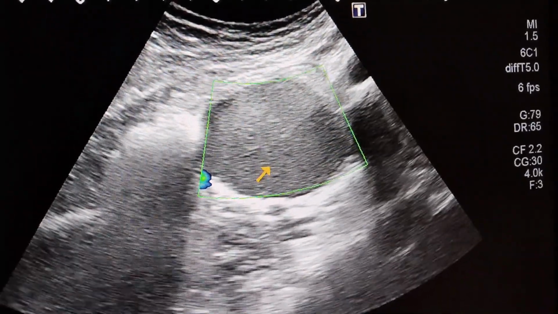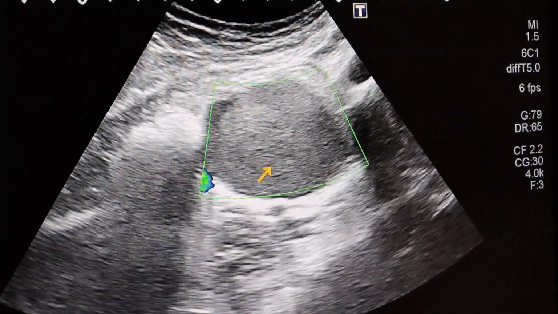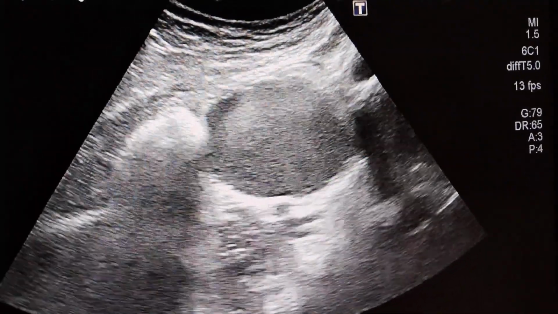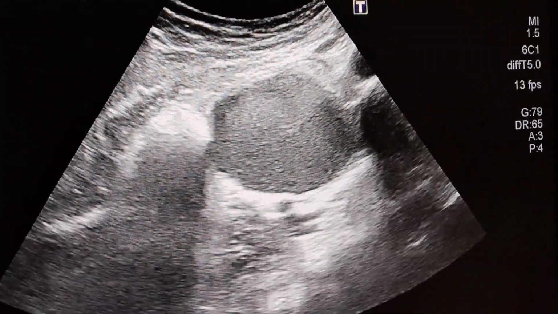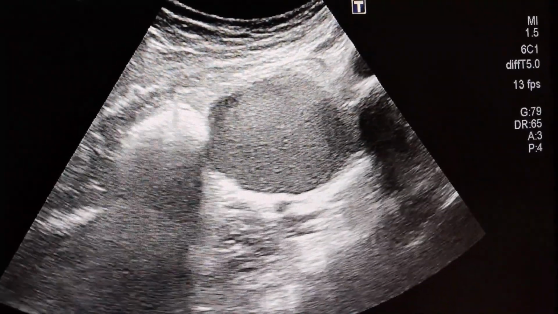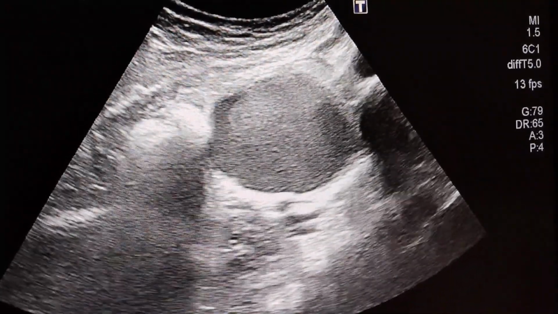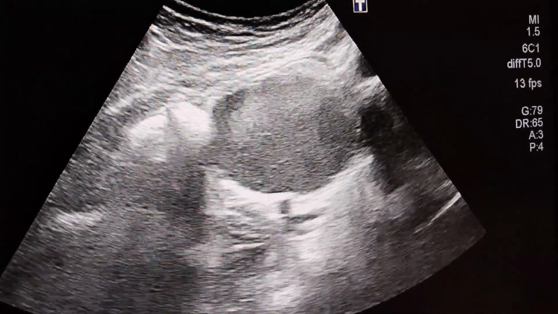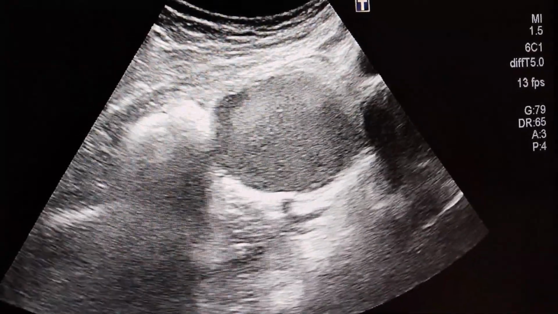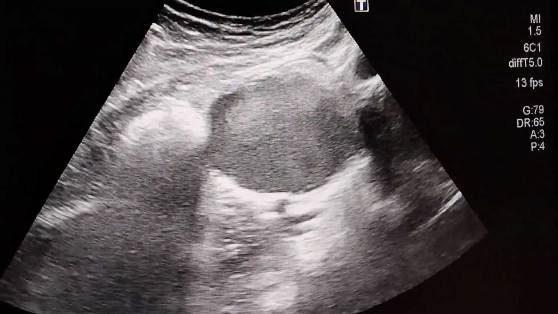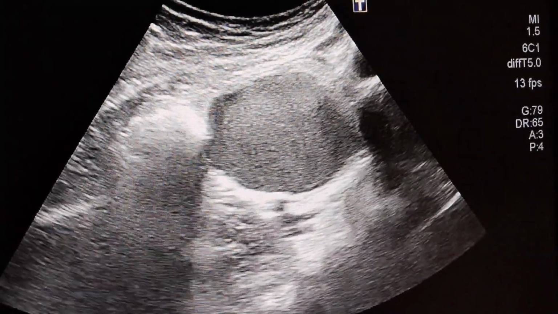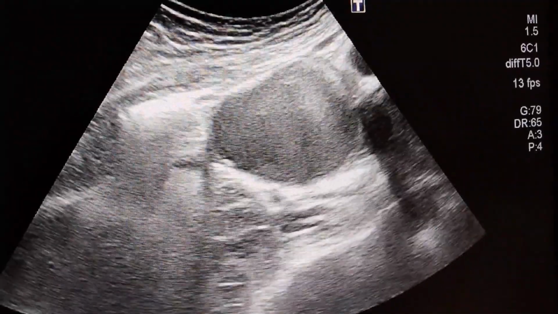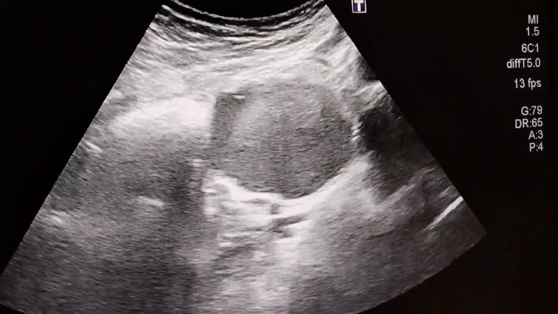It may be low, but it would always have vascularity. So from this, it is clear that this lesion is not solid from the inside, and its walls are not too much thick. So this type of lesion which has such characteristic findings is called endometrioma or chocolate cyst.